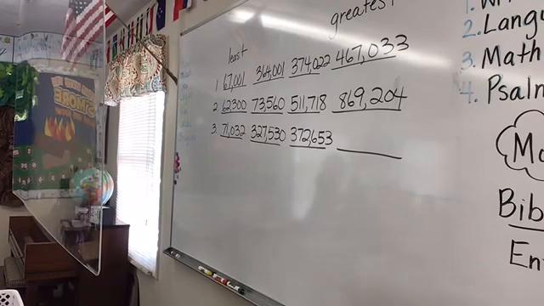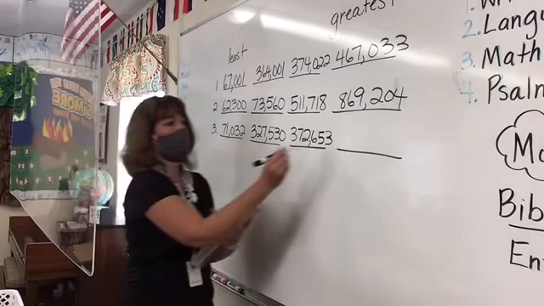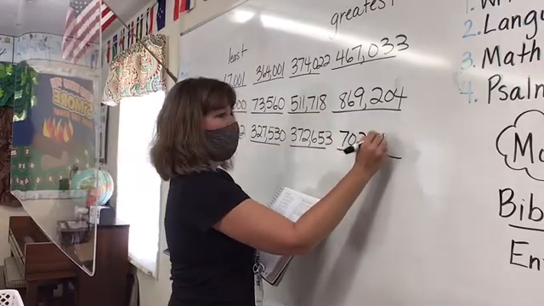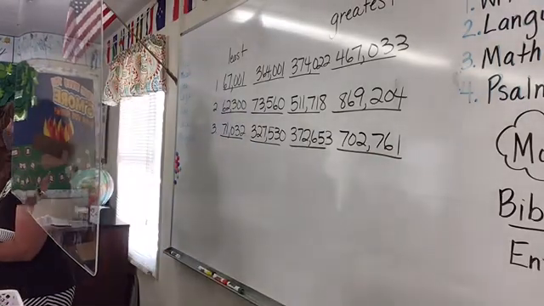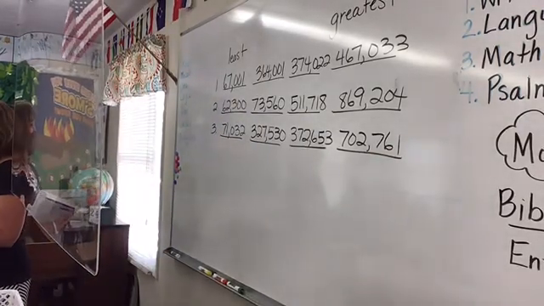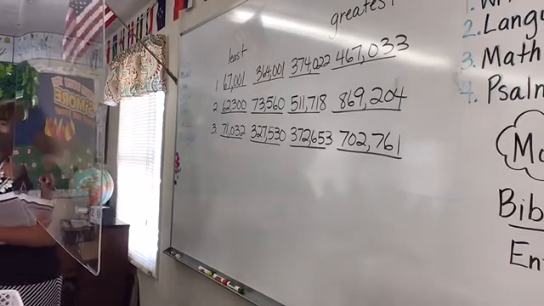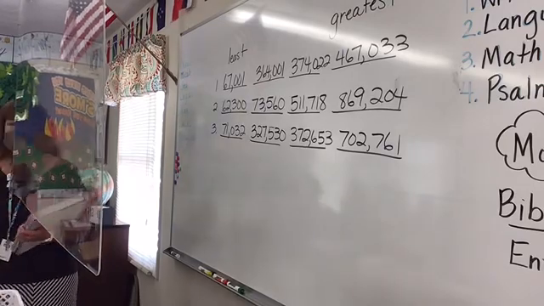We're on this one. So what's the biggest number? Very good. 702,761. All right. I want you to do number 4 on your own, and then we'll check it in a minute. See if you can find which one is the least, and then the next biggest, and then the biggest. Go.